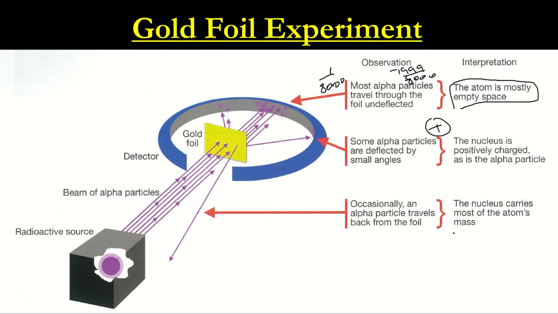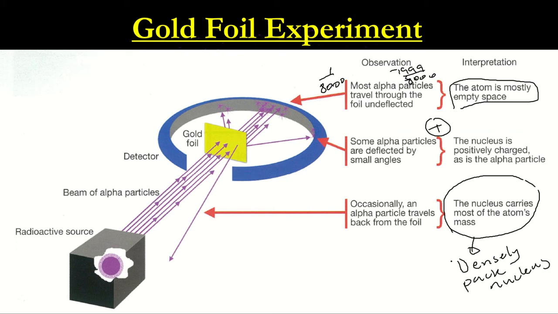So what that would also mean is most of that mass of the nucleus is based there. So, a densely packed nucleus, and this nucleus will contribute most of the mass of the atom. Okay, that's what we can infer from this observation here.